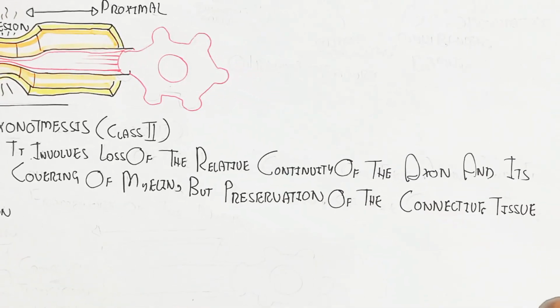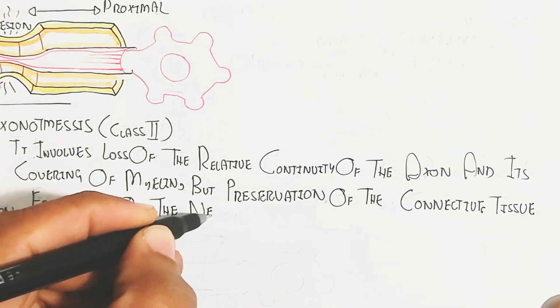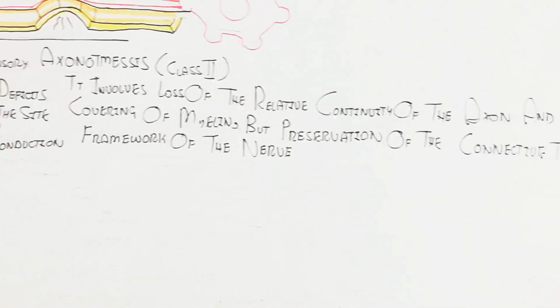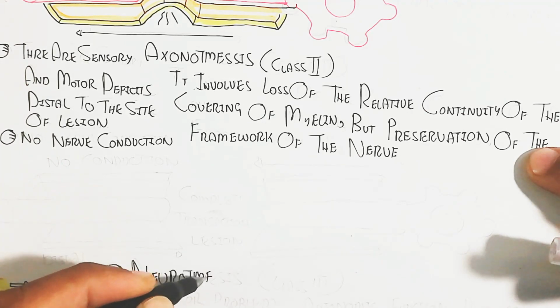Let's begin to understand neurotmesis. This is class 3 of the Seddon's classification.